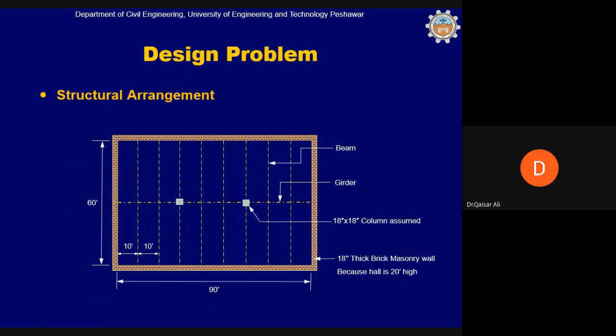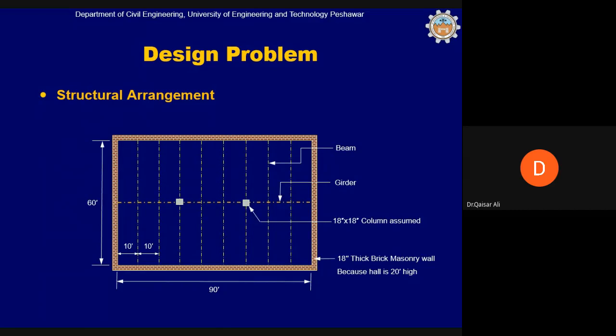This beam is called a girder because it's supporting two other beams. The spacing between the beams is kept the same as in option 1, 10 feet center to center. Everything remained the same, except that now these 60 feet long beams are supported at their mid spans, here and here.